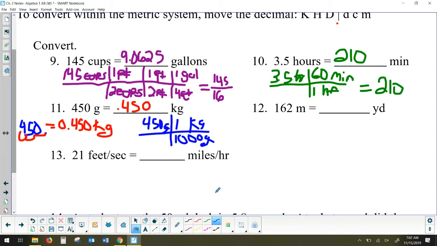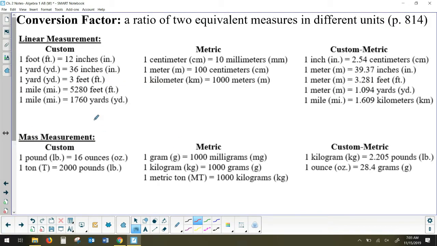Alright. Next one. 162 meters. One single M is meters, not miles. 162 meters. We go back, we look. We want to go from meters to yards.